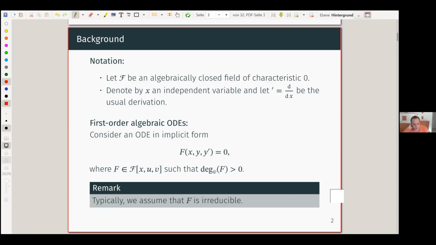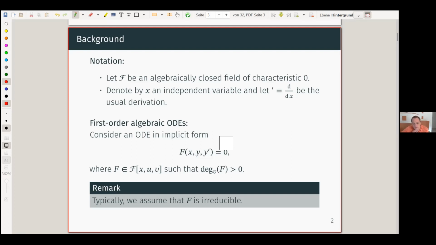And I will say that a first-order algebraic ODE, if you like it in the definition that is usually given in analysis or calculus books, then it's an ODE of this implicit form, a function of x, y, and y prime, so first order.